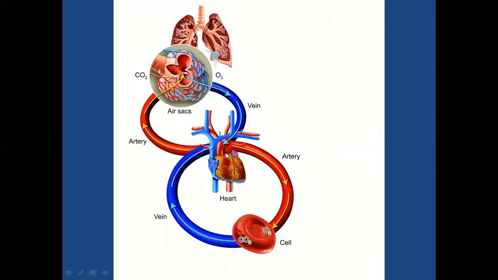This oxygenated blood is pumped because the function of the heart is to send the blood to all parts of the body. You can see the blood cells now have oxygen, which they absorbed from the alveoli, and they release the carbon dioxide.